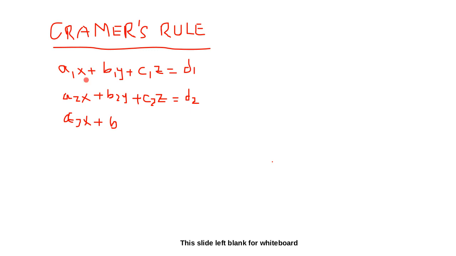So all of these we multiply by x, y, z, then equate this to D1, D2, D3.